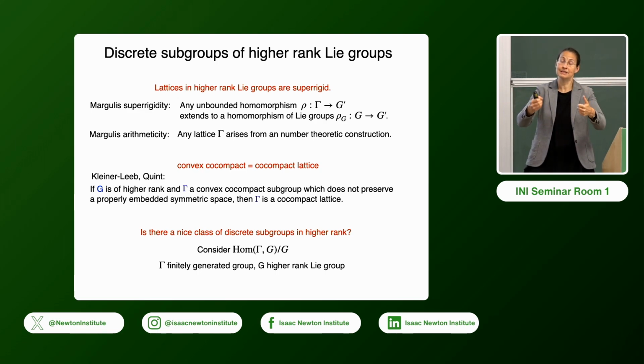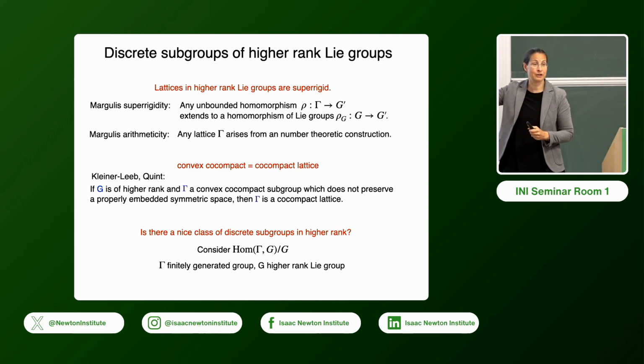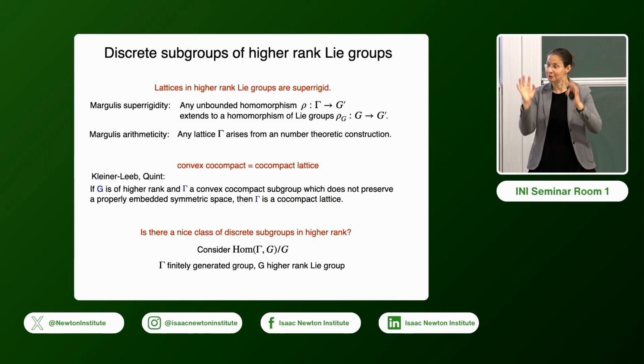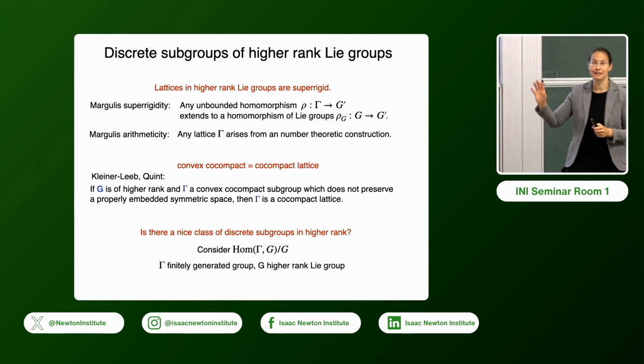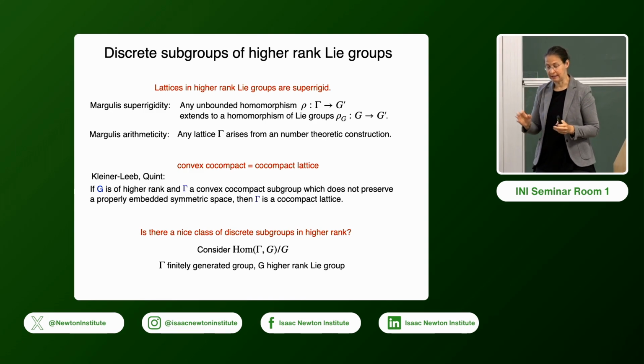Basically any unbounded representation of a lattice extends to the Lie group. And every lattice is arithmetic, so everything comes from a number theoretic construction. Of course, lattices are still very interesting, but from some point of view you could say we know all about lattices. Of course, we don't. There are many interesting questions, but I don't want to focus on lattices. I really want to focus on subgroups which are not lattices.